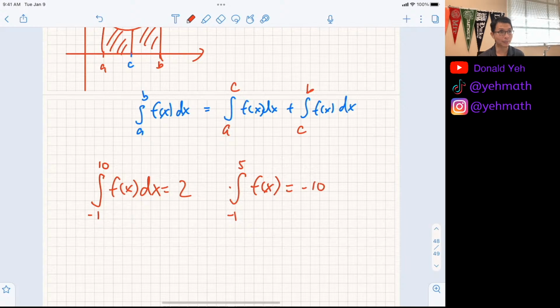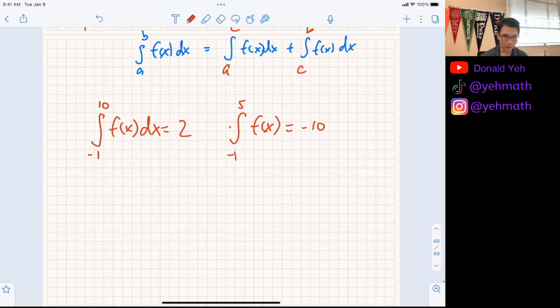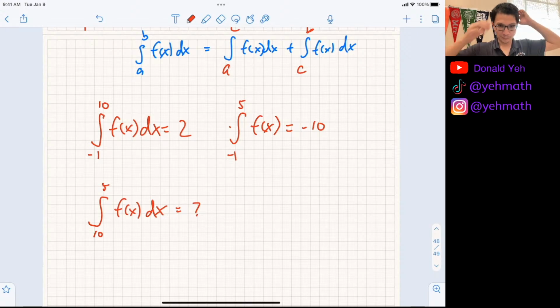So if you know those two, do you know the integration from 10 to 5 of f of x dx? What's your question? Integration from 10 to 5 of f of x dx.